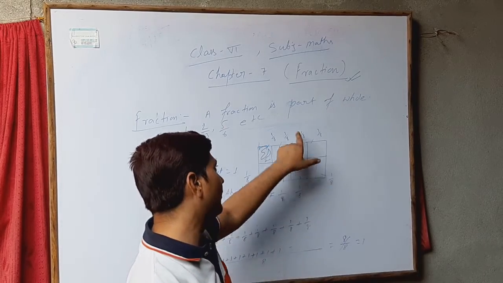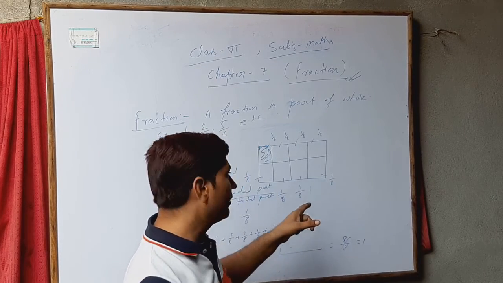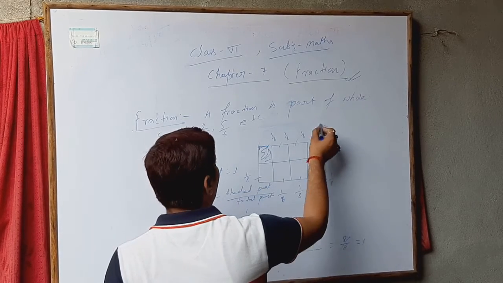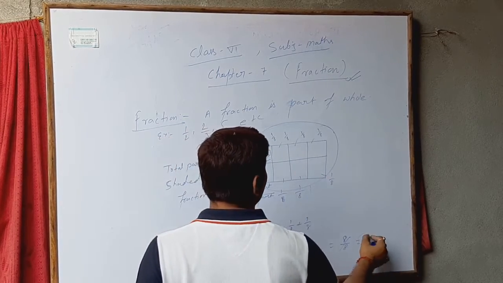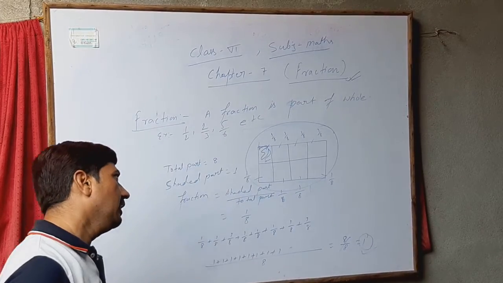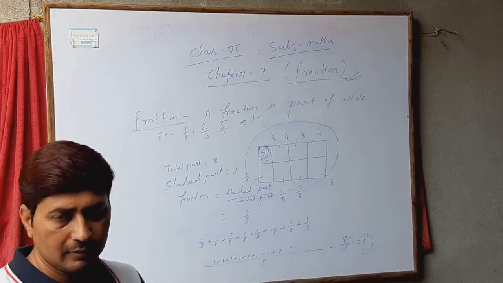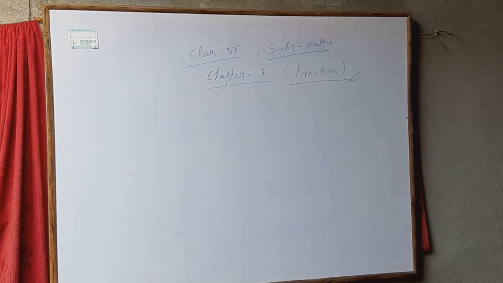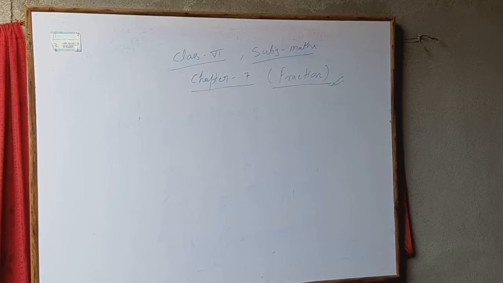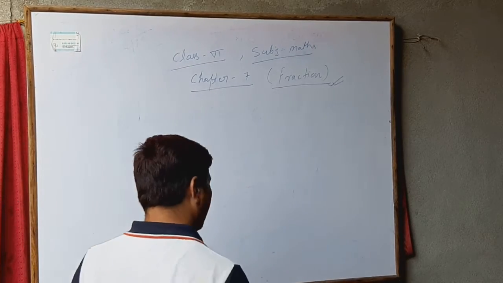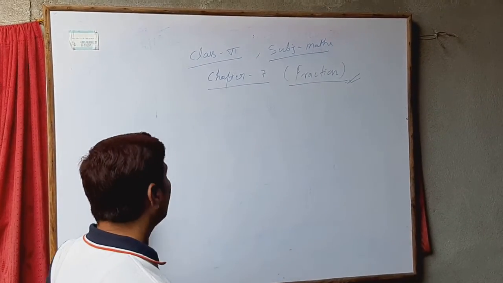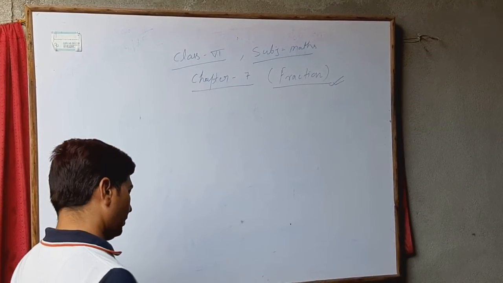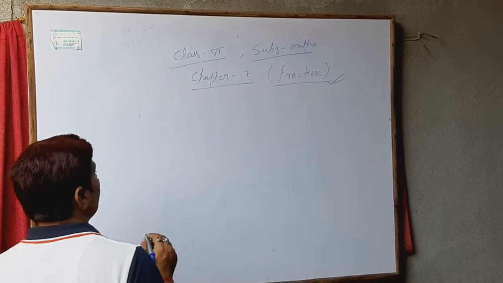Now you see, this is one figure, and you have divided it into so many parts. So this is completely one figure. So this is the fraction. I think you all have got about fraction. Are you getting it? Okay.